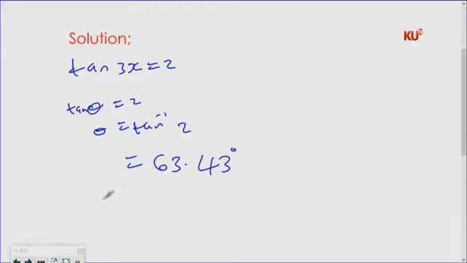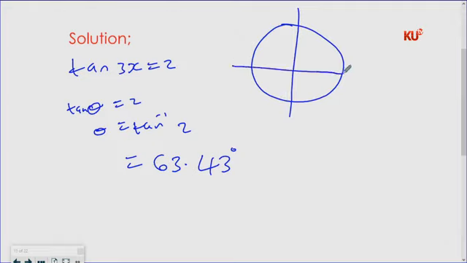Now you need to go back to the unit circle. I'll be drawing this unit circle here until you get the concept. This is our x-axis. This is our y-axis. You remember we said all students take chemistry.